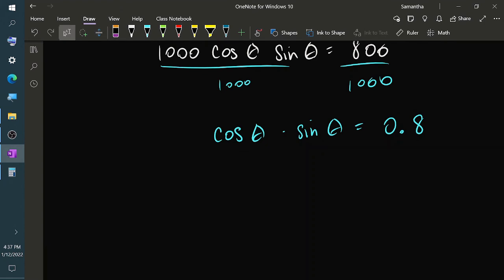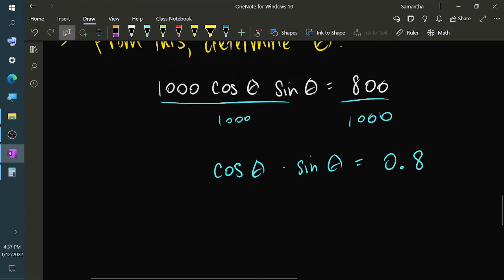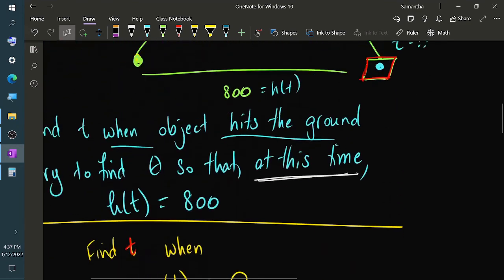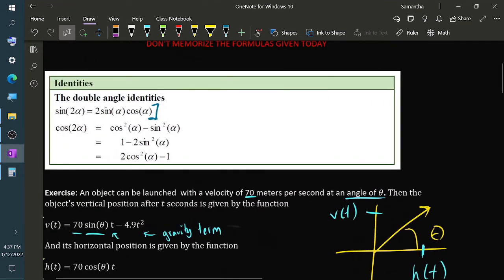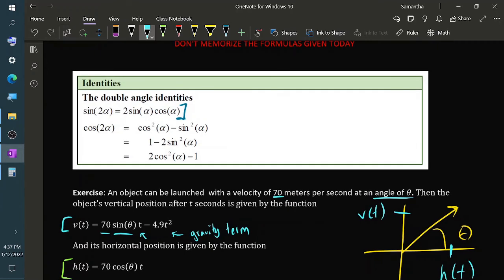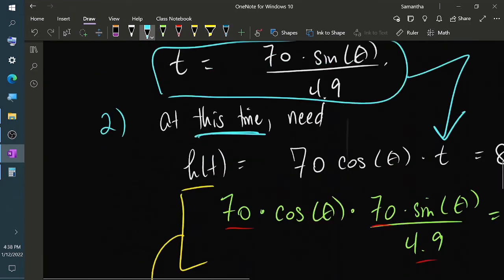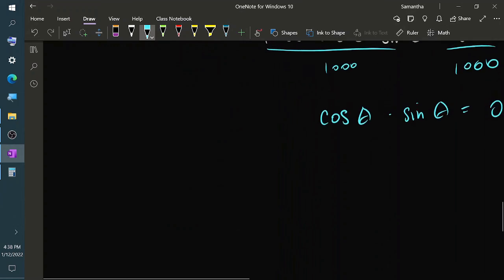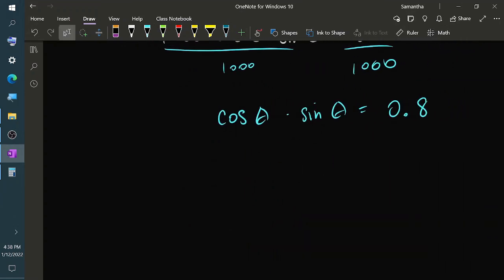So how are we going to figure out the values of theta that make this equation true? The identity that's going to come to our rescue is the identity right up here, which says that if you have 2 times sine times cosine, then that's equal to a single sine with the 2 in the input. Now our expression is pretty close to what is on the right-hand side of that identity.